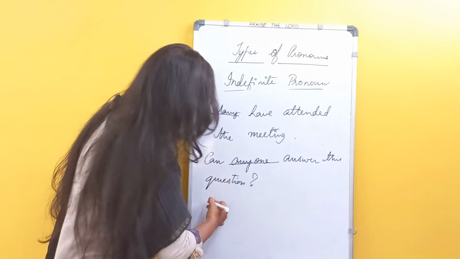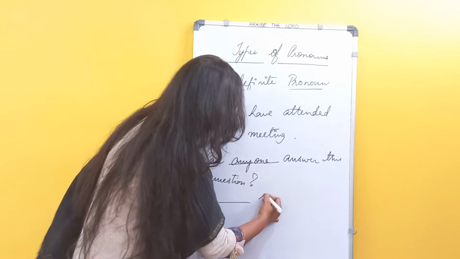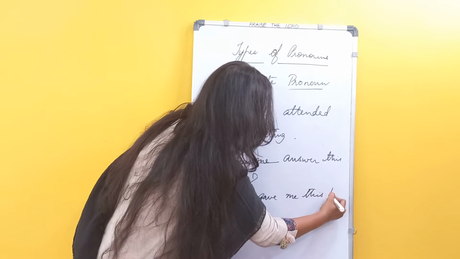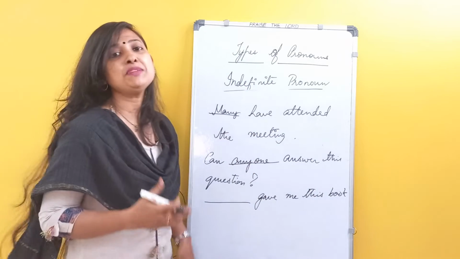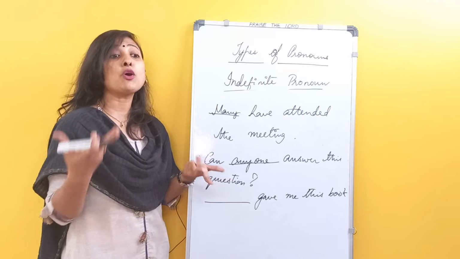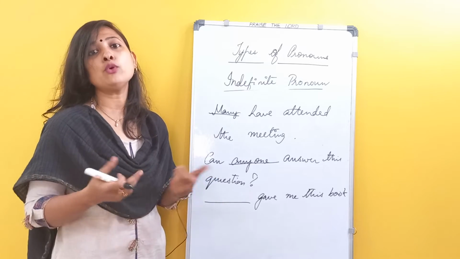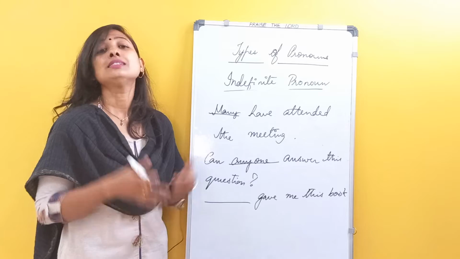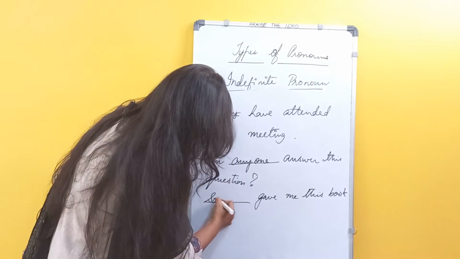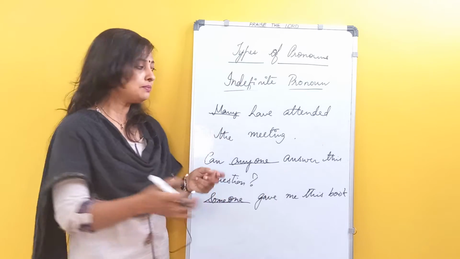Similarly, dash gave me this book. You can simply say he gave me this book, she gave me this book. But if I am not sure who gave me the book, I am talking about some indefinite person. I don't know who gave it, but someone gave it. Someone gave me this book.